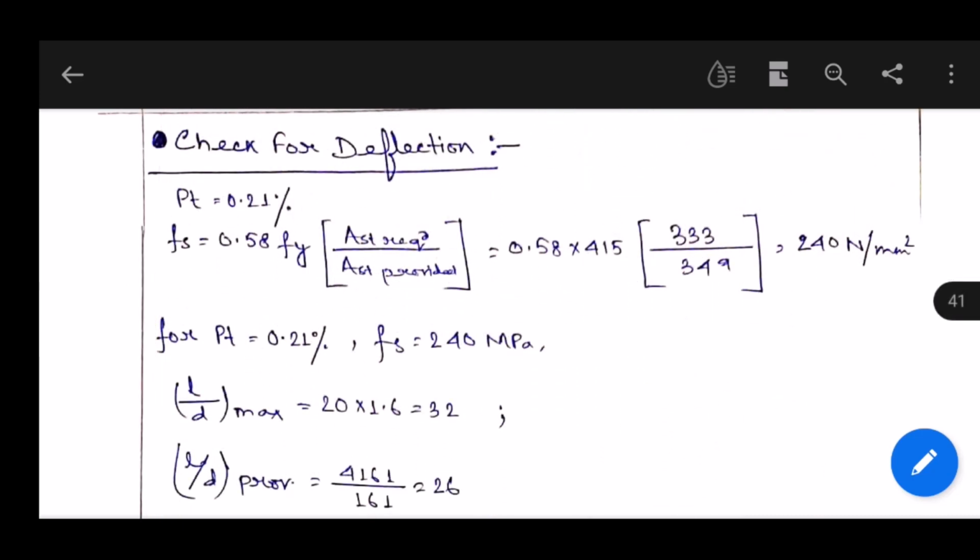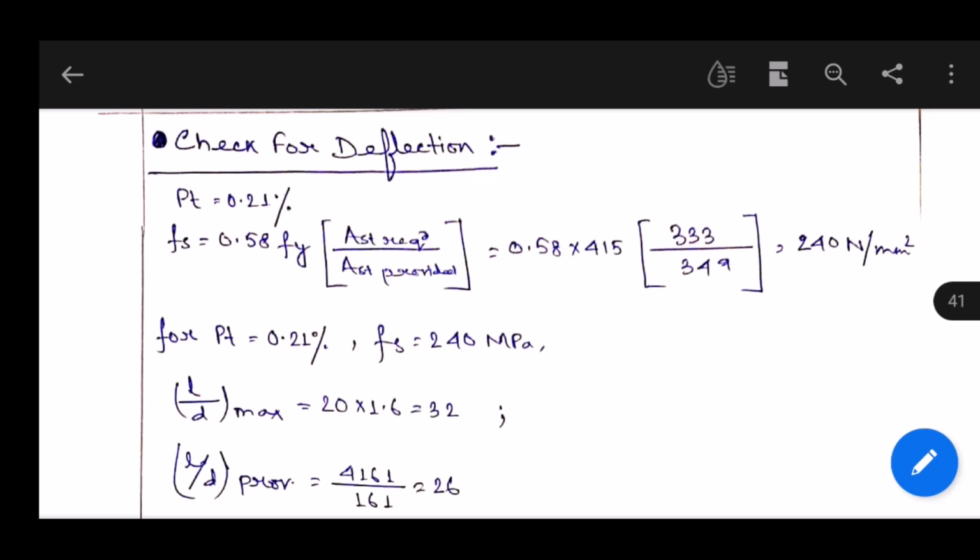Now the next step is check for deflection. For this, first of all we have to find out the modification factor from IS 456-2000 figure 4. That modification factor will be multiplied with the length to depth ratio, right? So the percentage of steel is 0.21, we know.